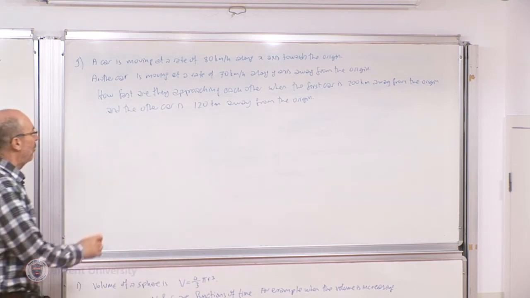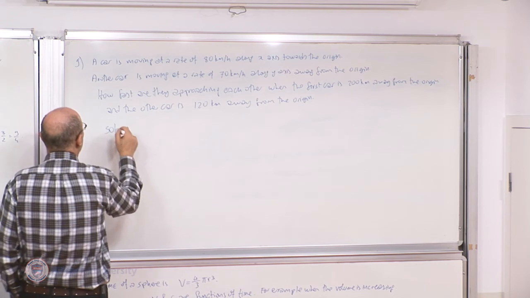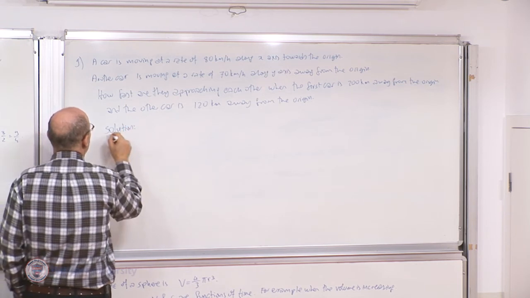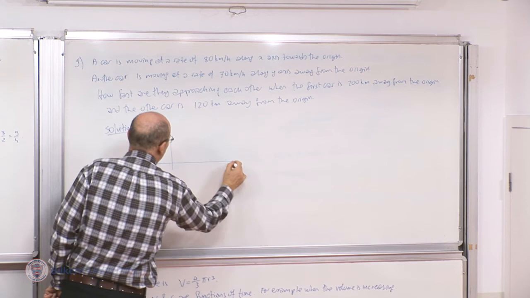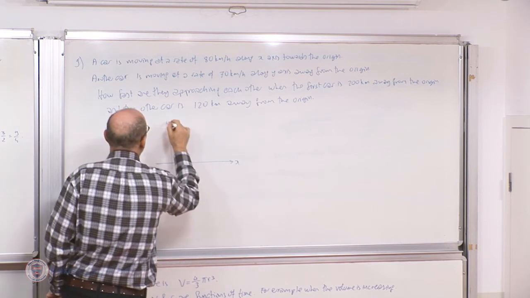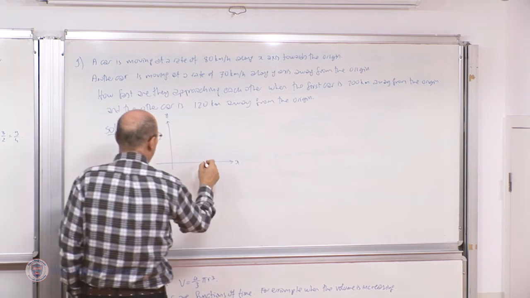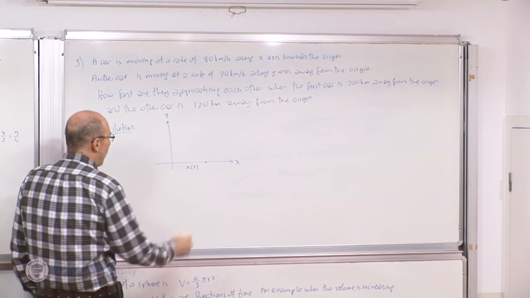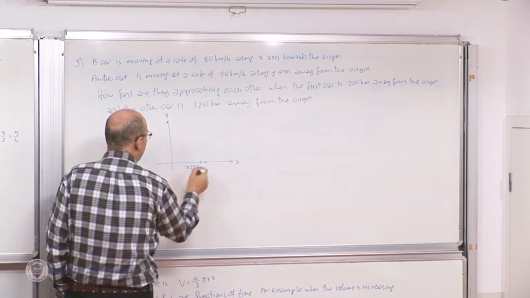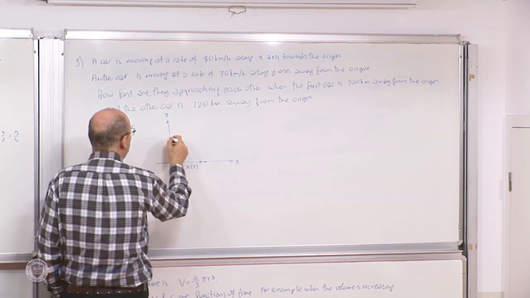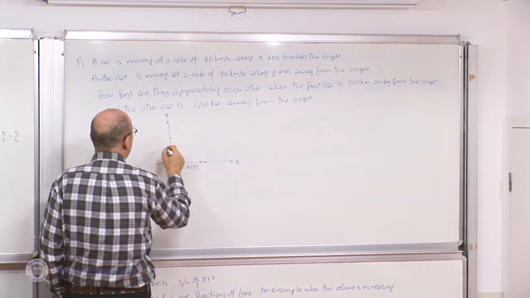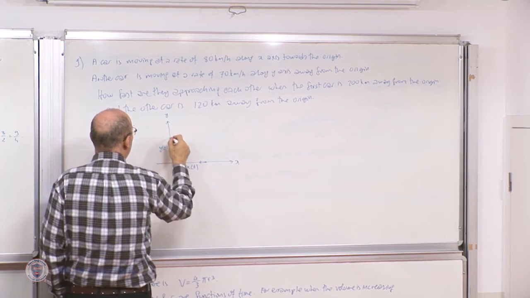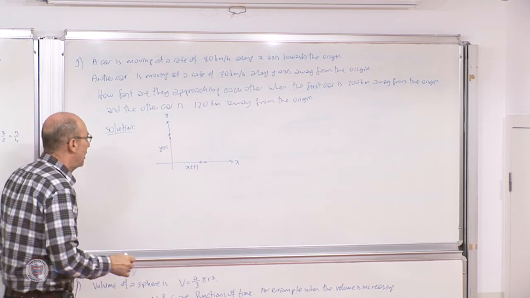Okay, so we draw a picture, solution. We draw a picture like this, x-axis, y-axis. Suppose the car is here and the distance from the origin is x. It is moving in this direction. The other car is here. This distance is y of t. It is moving in this direction.